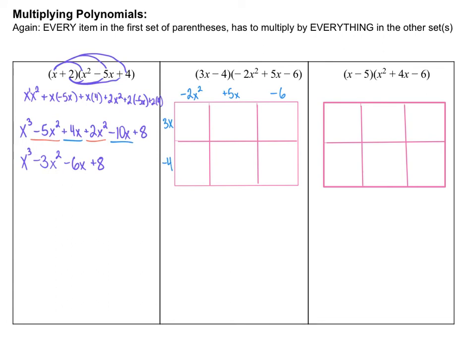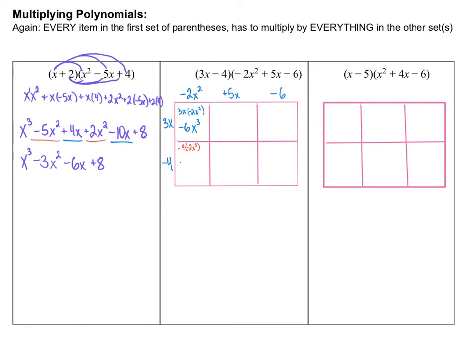All right, so now I can just fill each box by multiplying the corresponding parts. So 3x times negative 2x squared gives me negative 6, and then x times x squared is x cubed. Then I have negative 4 times negative 2x squared.